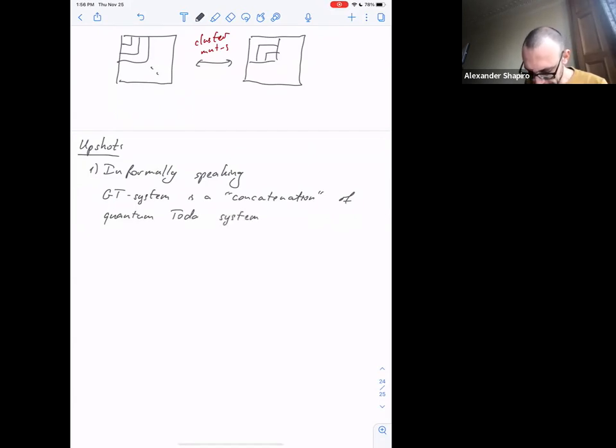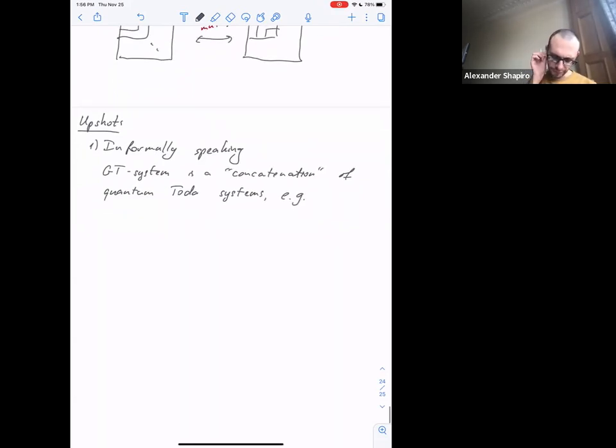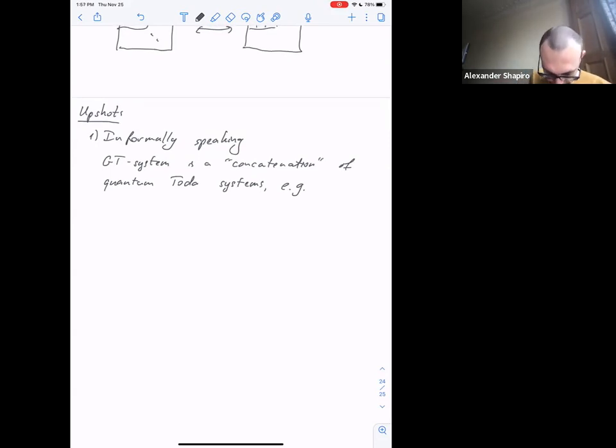In particular, if you want to solve the eigenvalue problem for the Gelfand-Tsetlin system, it's already done for you, because you just diagonalize the corresponding Hamiltonians of the quantum Toda. So the eigenvalue problem for the Gelfand-Tsetlin system is solved already.